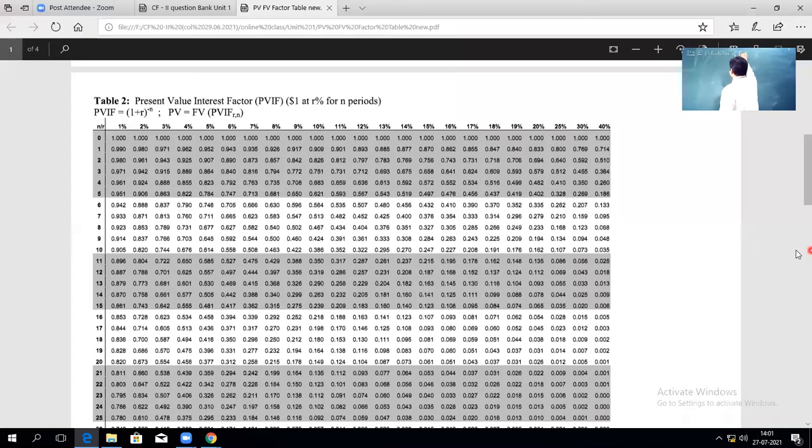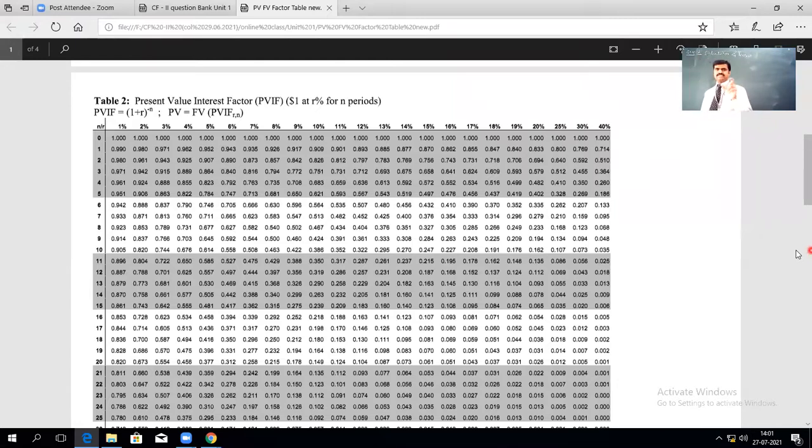We have found 8% and 10%, finding the lower discount factor and one higher discount factor in the present value table. Whatever I dictated, you have written that, that is your second step.